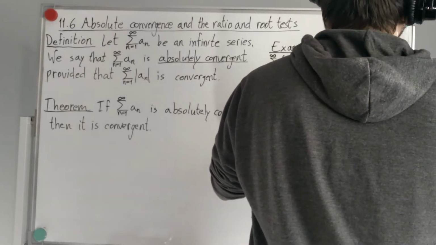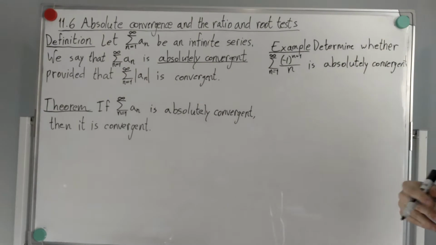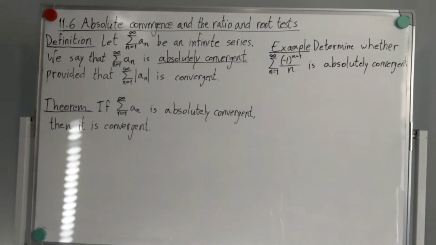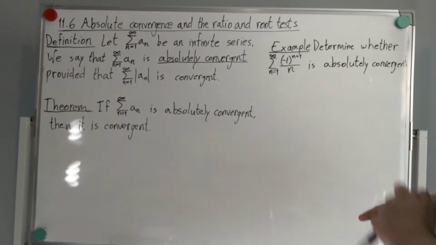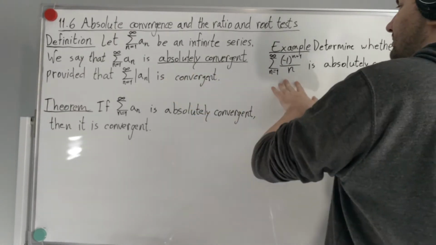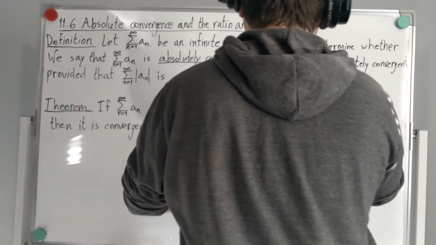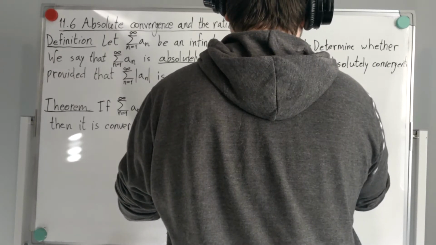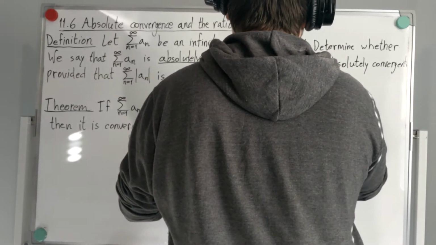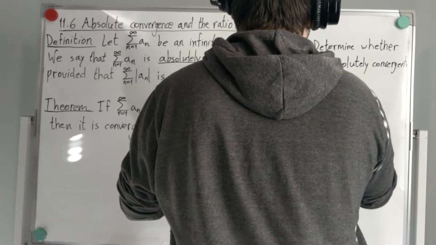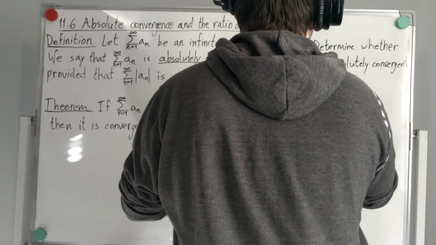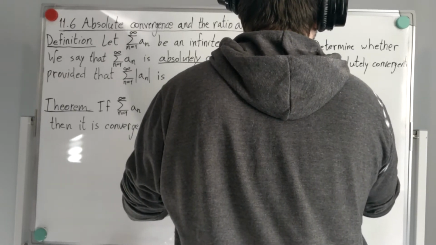This is more of an illustrating example than an example problem, but what's going on here is if we were to take the series of absolute values, well, then we'd be talking about the series from n equals 1 to infinity of the absolute value of (-1)^(n+1) divided by n.